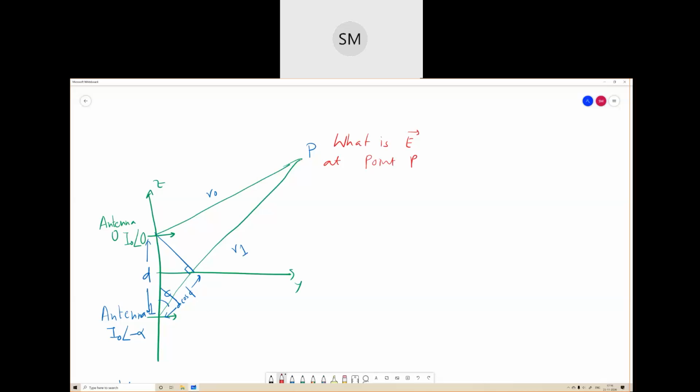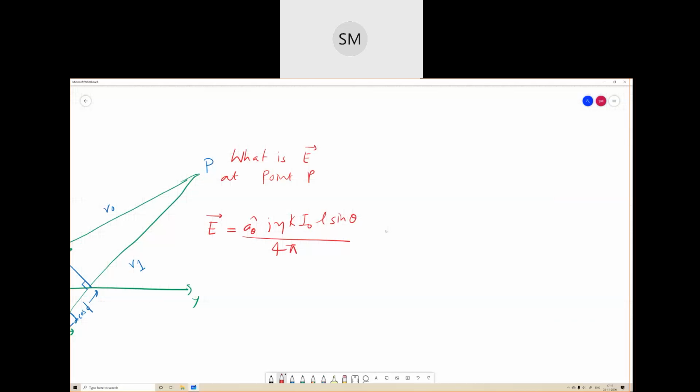So clearly E equals a theta j eta k I0 L sin theta by 4 pi times e to the power of minus jk r0 by r0 plus e to the power of minus jk r1 e to the power of minus j alpha by r1.